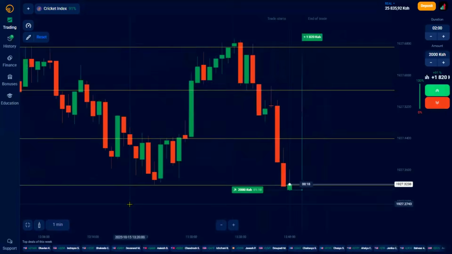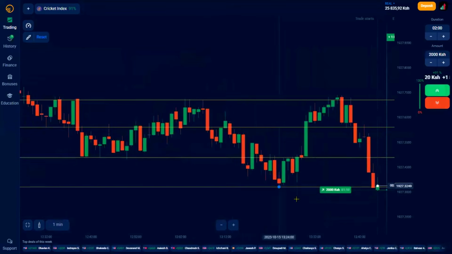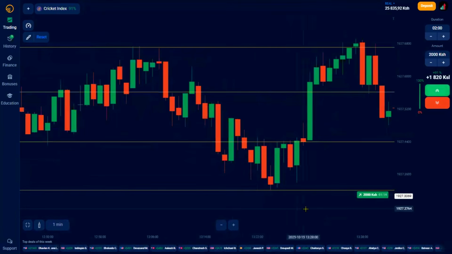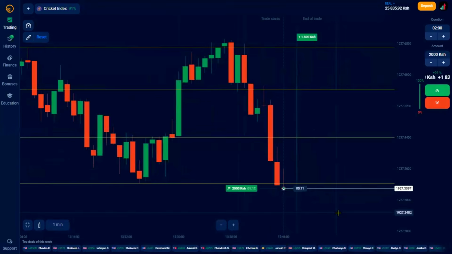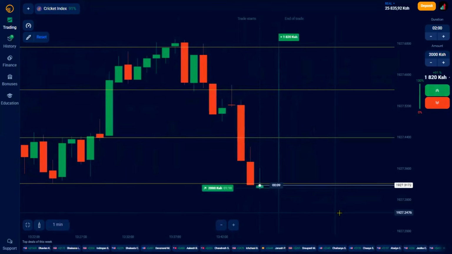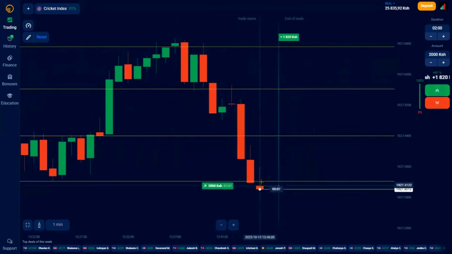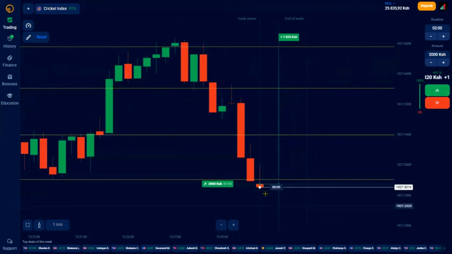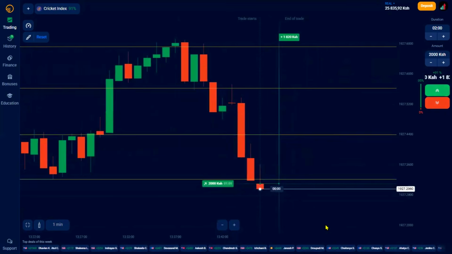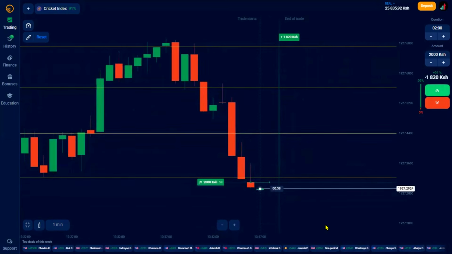Okay, I placed that zone because of this wick here, this reversal level here. So like I said, it should go up and form a lower high. So this is a lower low. So let's wait and see how it will end.